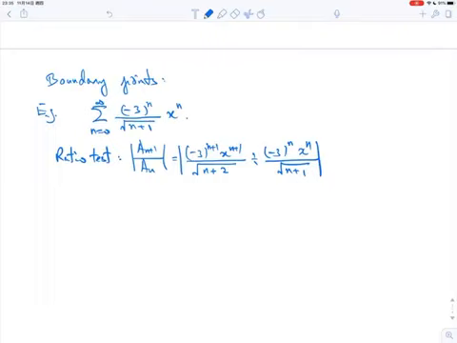After you divide, you have 3x, and then you also have the root of 1 plus 1 over n, over 1 plus 2 over n. So when n goes to infinity, this whole thing tends to 3x.